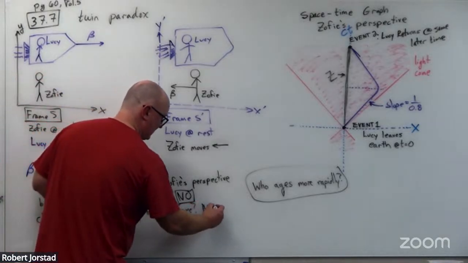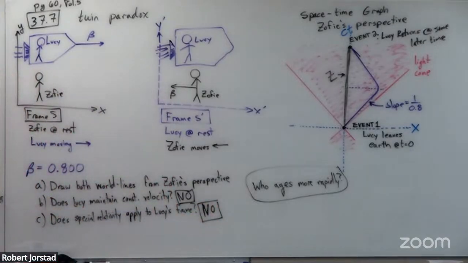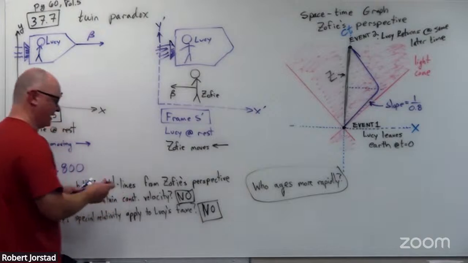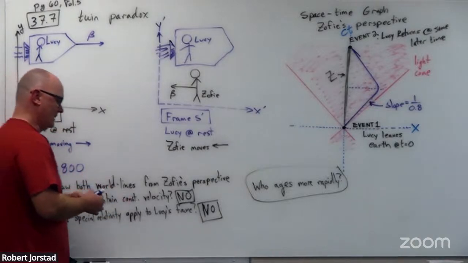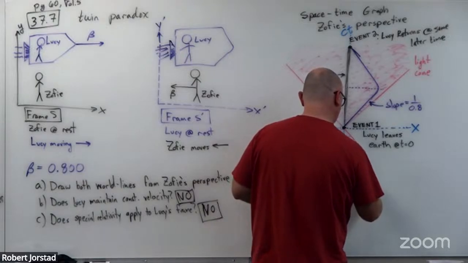So the simple special relativity does not apply. This is not a contradiction. This is the simplest way to try and explain this. And so we see that Lucy is not in an inertial reference frame because her velocity is not constant. And it turns out, we'd say Sophie ages more rapidly.